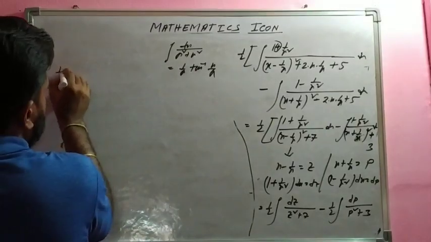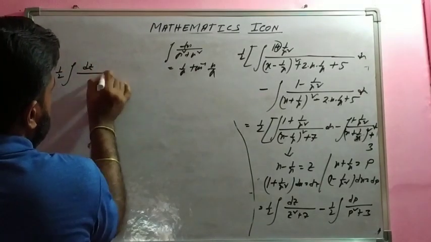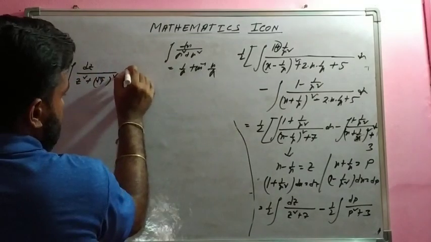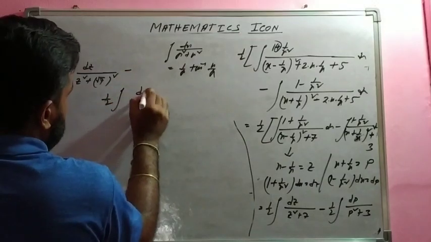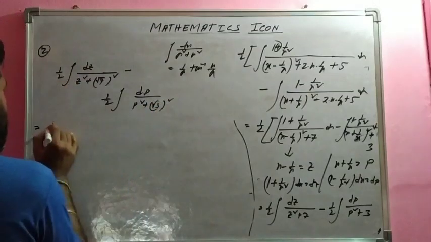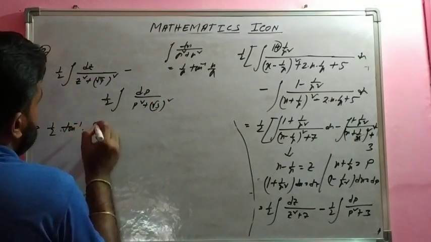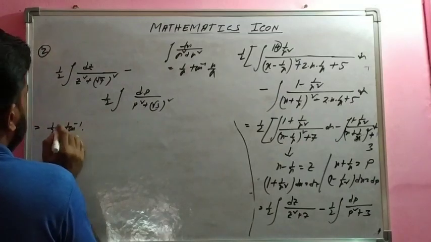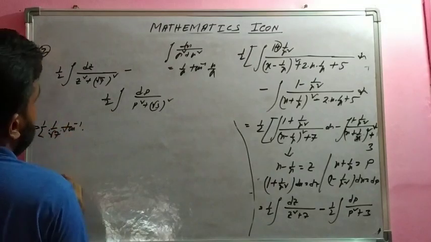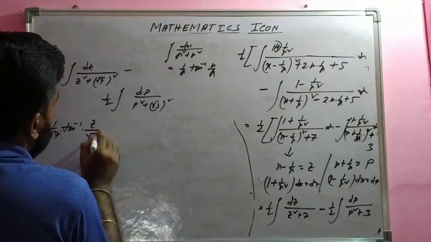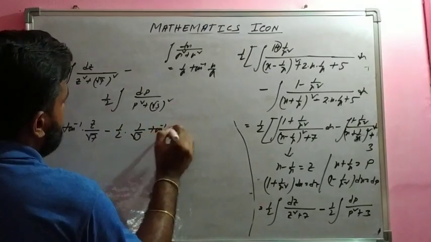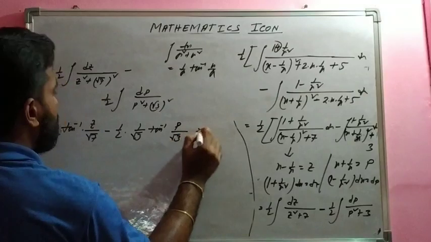Now half dz by z square plus root 7 whole square, then minus half dp by p square plus root 3 whole square. Now half tan inverse, half is already there, 1 by root 7 will also come, 1 by a tan inverse x by a, then minus half 1 by a tan inverse x by a plus c.